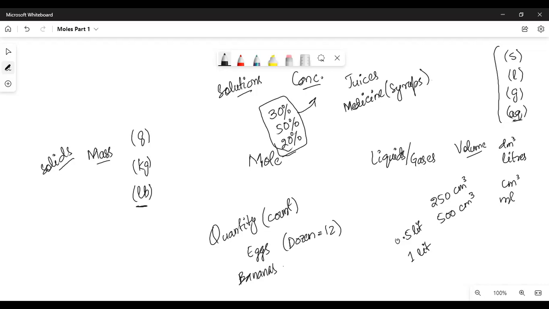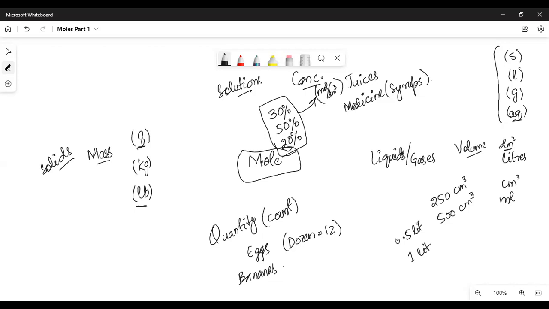You don't have a standard for them. The standard for mass is grams, which is separate from the standard of volume, which is decimeter cube, which is separate from counting. Counting has nothing to do with volume or masses, and the concentration is entirely different, which is usually taken in the units of mole per decimeter cube, right? So all of that is different.